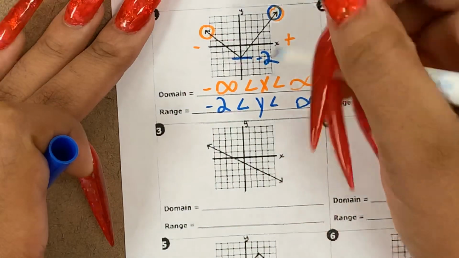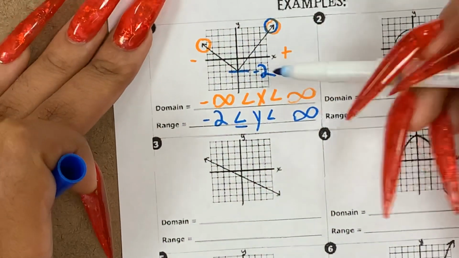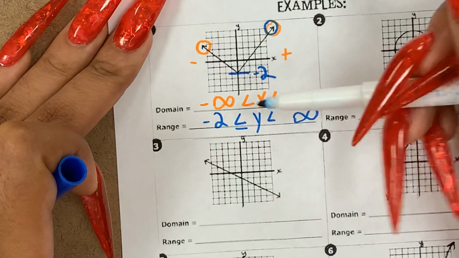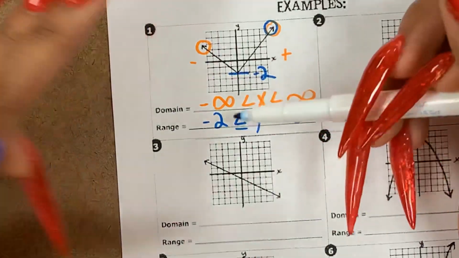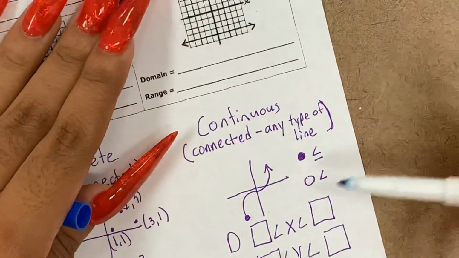So if there's a number, we're going to use the equal to, because it actually does go through -2. If you have a number, the only time it doesn't have an equal to sign under it is if it has the open circle like this.